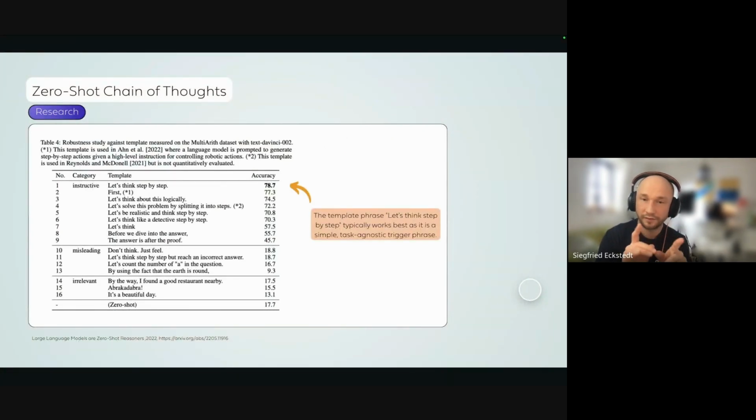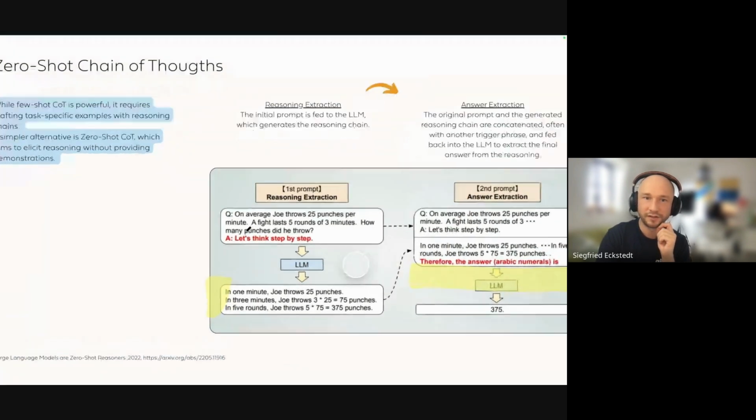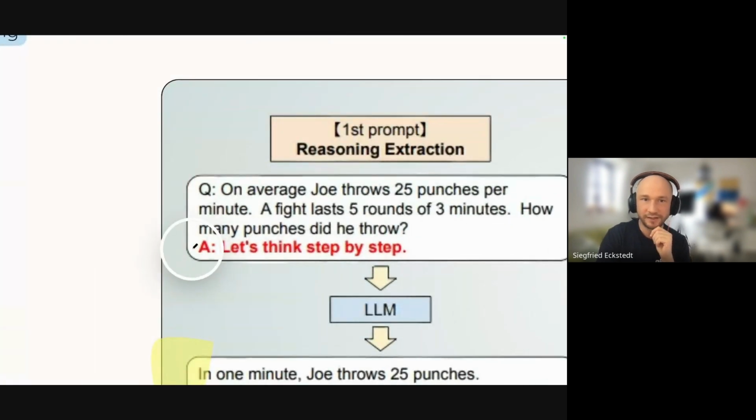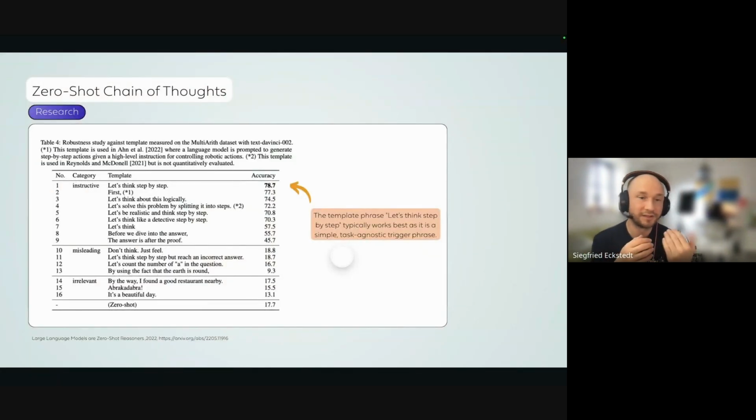Now, one thing that you have seen here, and I have not really touched upon it, was a sentence that is used to trigger the reasoning. Let's think step by step. Now, this has also been discussed by the research paper that introduced this technique.